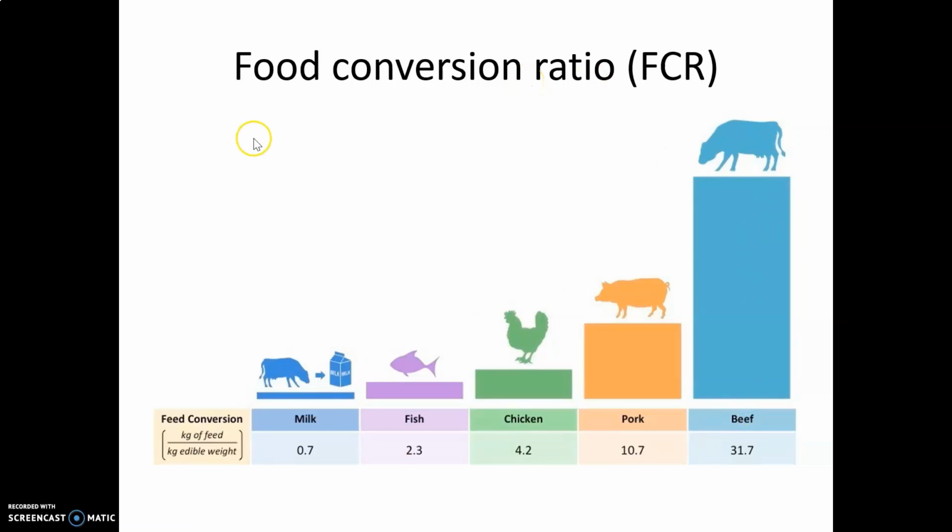And the feed conversion or food conversion ratio, of course, depends on both how much respiration is taking place, and it would also depend on the assimilation, how much is actually taken, digested, and absorbed by the animal, and how much of the food leaves the body again in the form of feces.